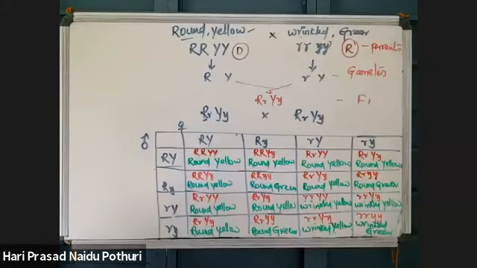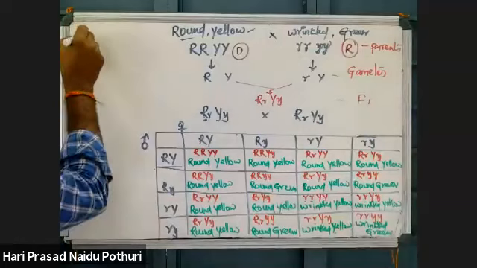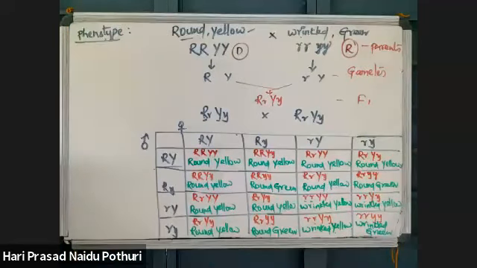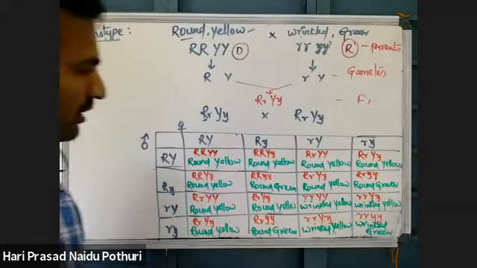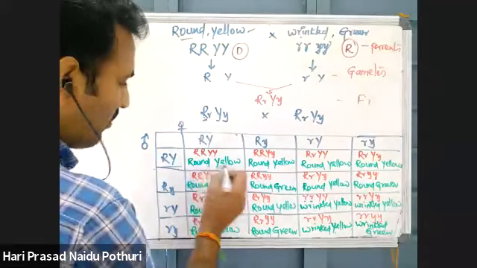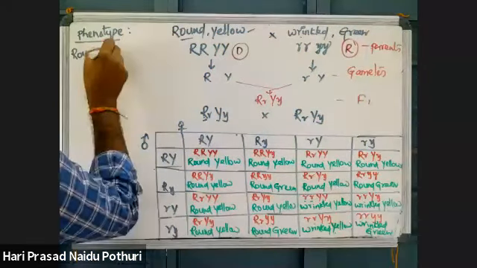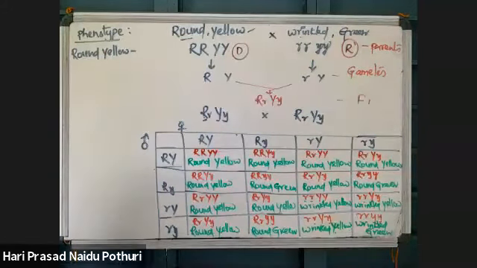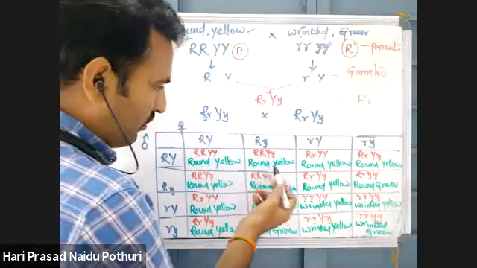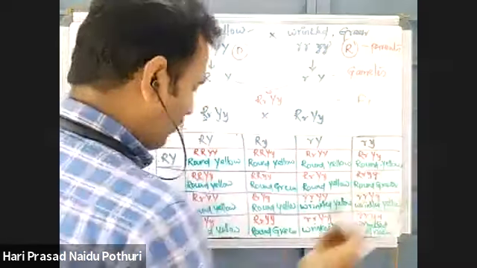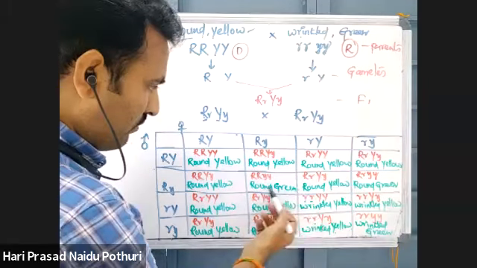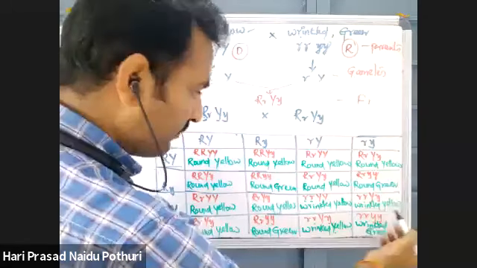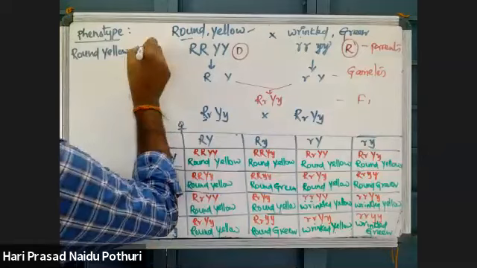Now based on this, write the phenotype ratios. What are the phenotypes formed? Round yellow is one formed. How many are formed round and yellow? Count. Round and yellow: 1, 2, 3, 4, 5, 6, 7, 8, 9.